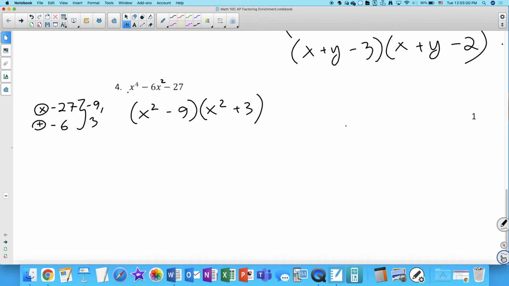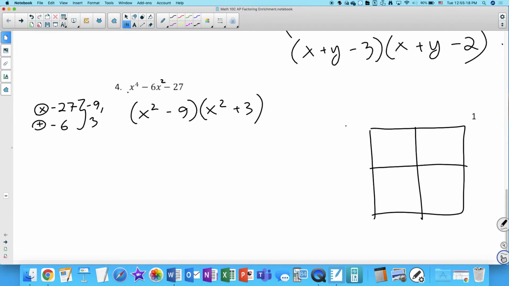Could you show the longer way to do it? Yes, I can. You could either use a box or decomposition, and I'll do a couple of examples so that we can see both. If you were using a box, then your x to the 4 goes there and your negative 27 goes there. And then those two numbers, negative 9 and 3, break up the middle term.